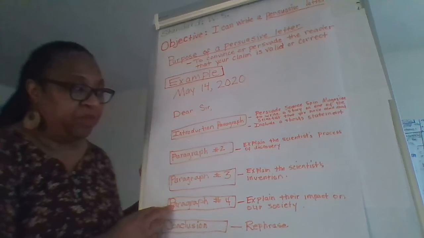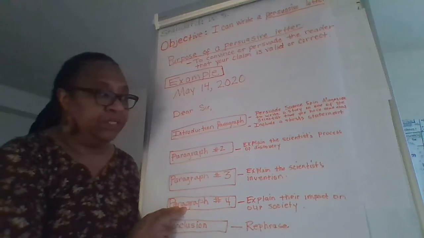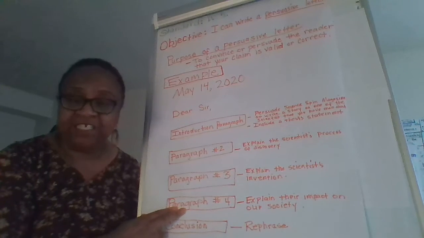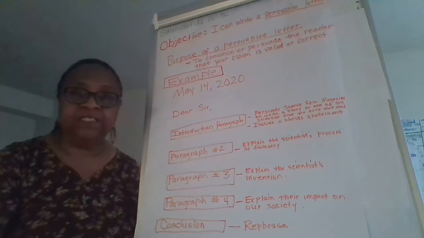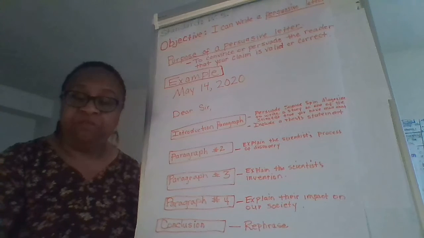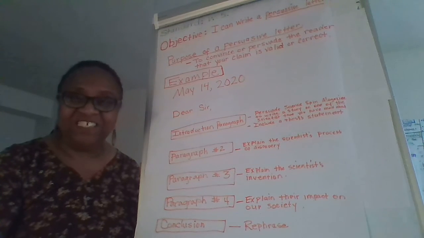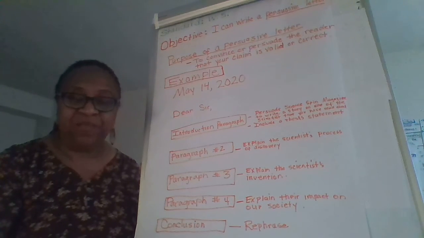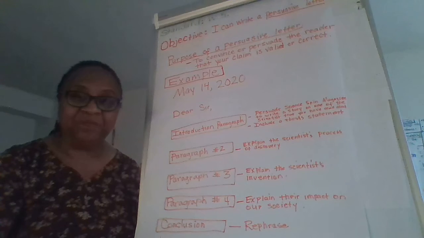Now, in the fourth paragraph, I want you to explain their impact on our society. How did this discovery and invention impact our society? How did it make society better as a whole?